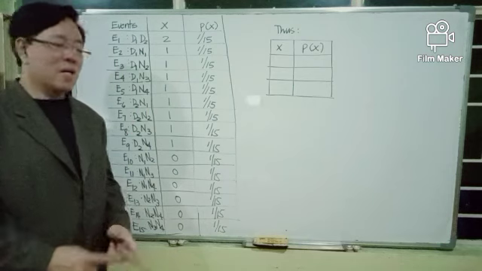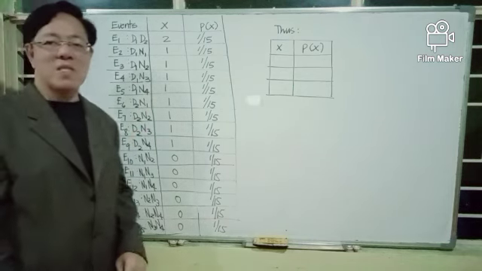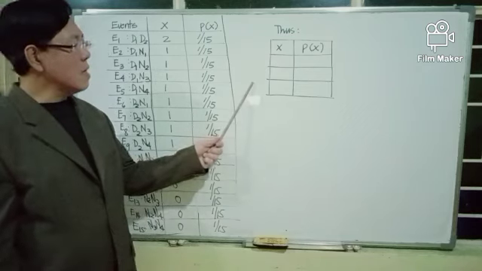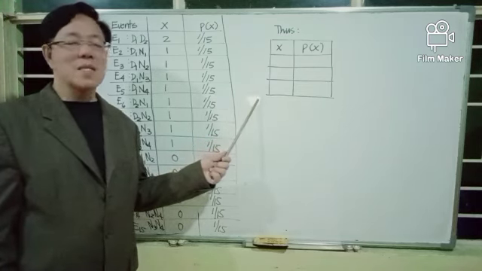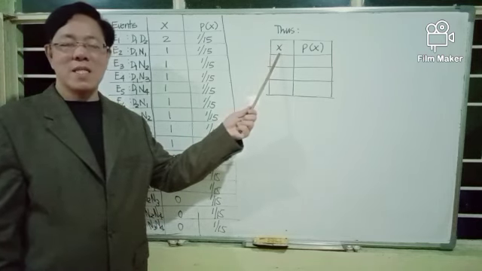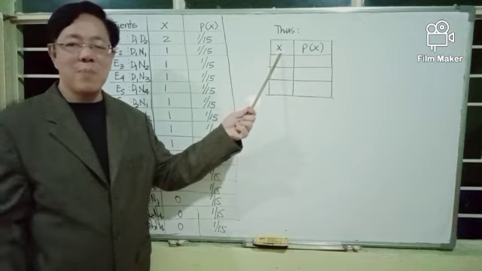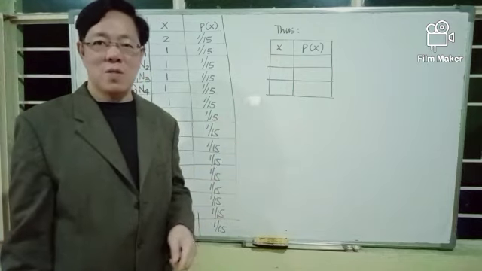We now summarize this table, listing all the 15 possible events into a smaller table. With this, we now have what we call the probability distribution for the discrete random variable x, representing the number of defective appliances among two appliances purchased by the customer.